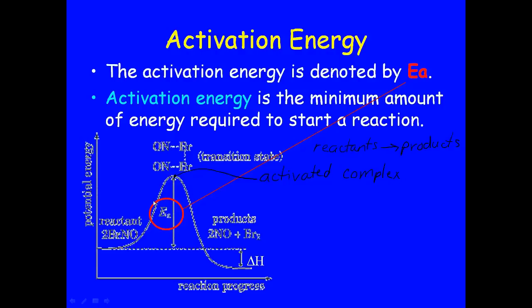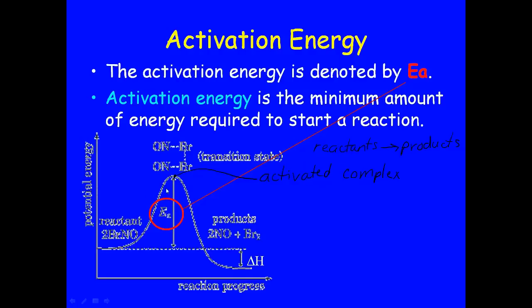It's not really reactants and it's not really products, because these bonds have broken and they're starting to form the new products. So at this point, it's not really a reactant or a product, but we have enough energy to now start making the products. So when we climb the hill, going up, breaking bonds from the reactants to the top of the hill up to this activated complex, this is endothermic.